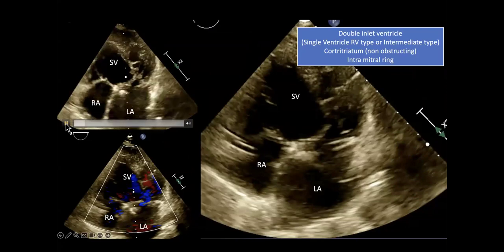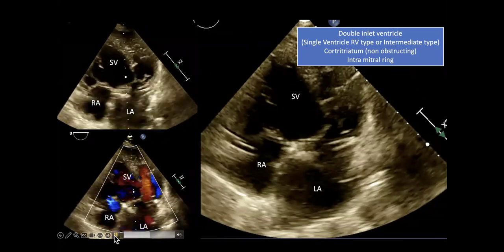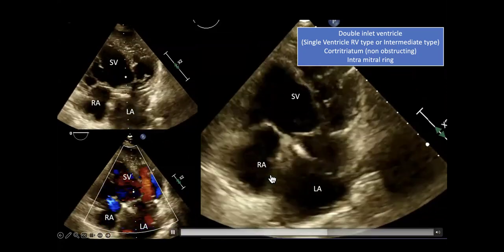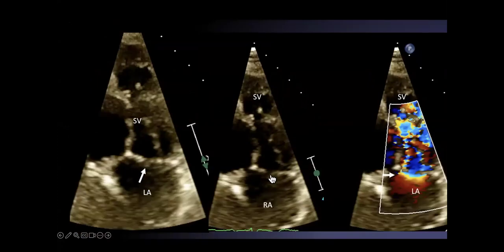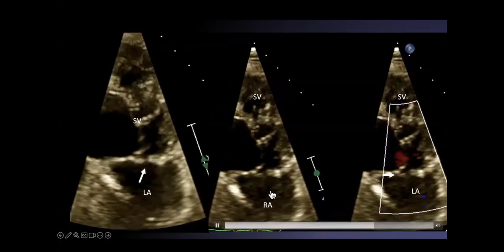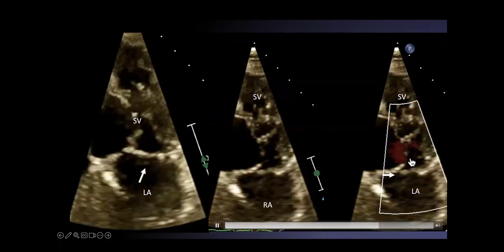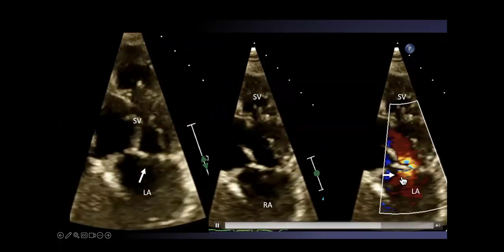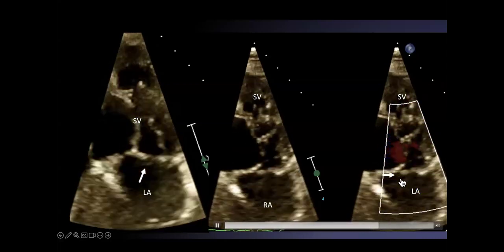Now, in the same patient, there was regurgitation. On the zoomed view, you can see regurgitation happening at the tip of the mitral valve, whereas the obstruction is actually happening here.